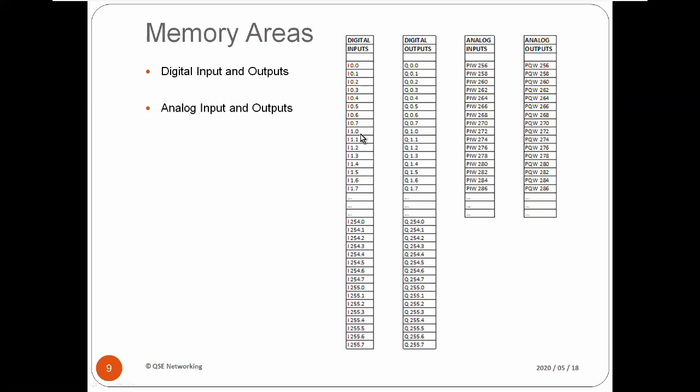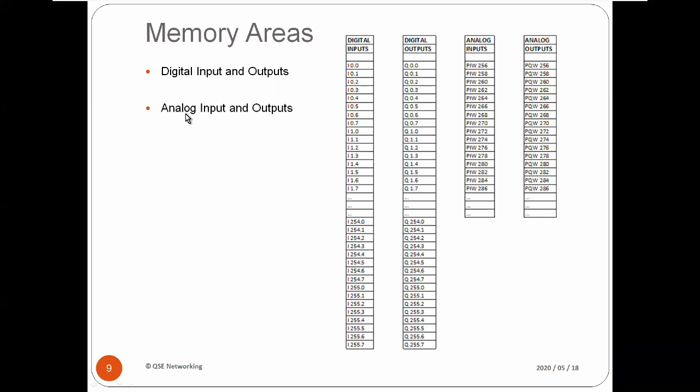Then it goes I 1.0 to 1.7, and it goes all the way up to 255. That was the maximum size you could have in the older PLCs, 256 bytes of I inputs, which is 1024 digital inputs. And the same for the digital outputs. The Q is the output, and it works the same. They're individual bits. Those are digital inputs.